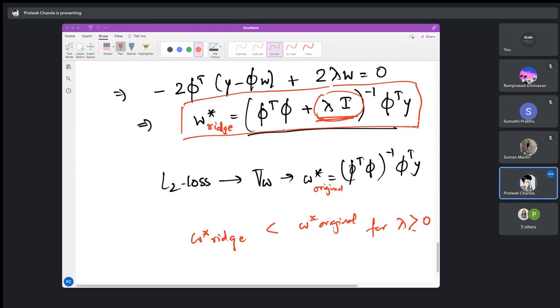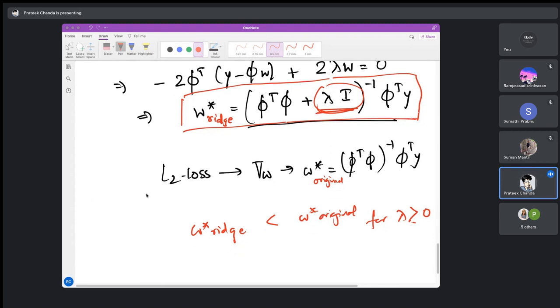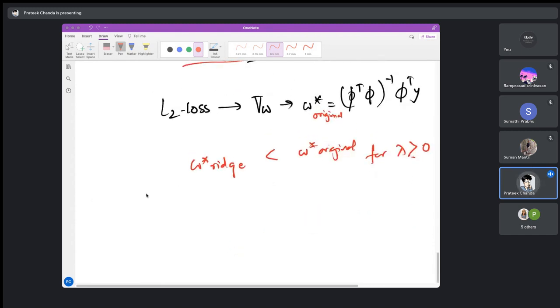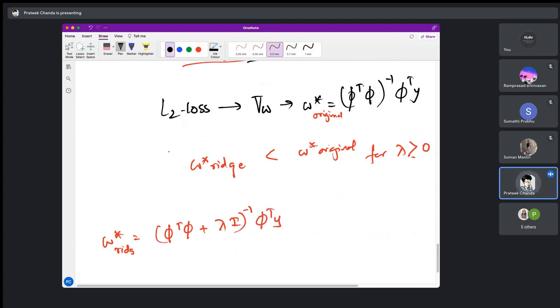And now we want to show another property here. Our expression for W star ridge was phi transpose phi plus lambda I inverse, phi transpose y. One question that you might have is: what if this inverse doesn't exist?